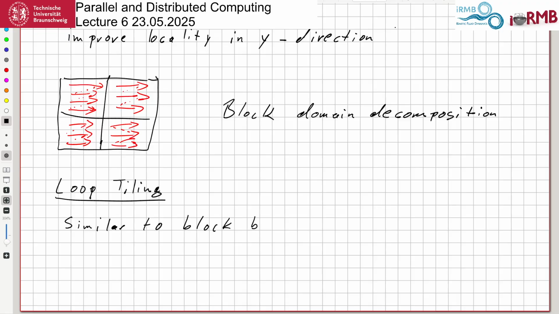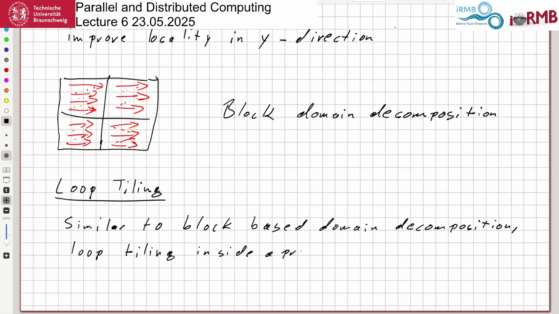So similar to block-based domain decomposition, loop tiling, which we do inside a process, can improve cache performance because you make better use of the cache.